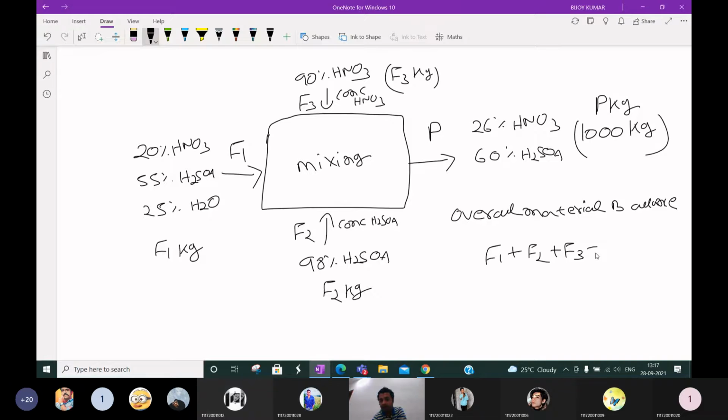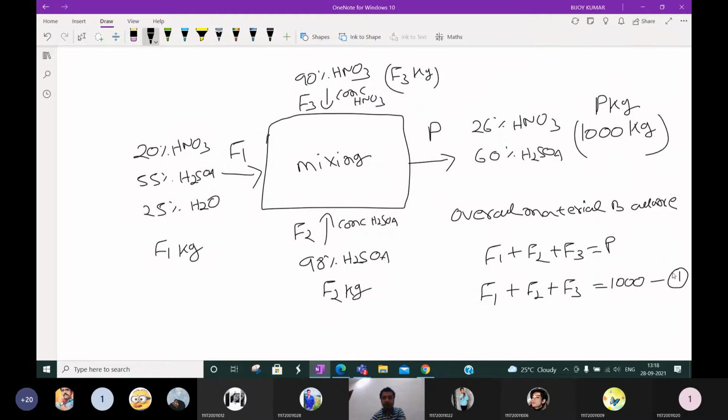How much total input is coming and how much total output is going, that is the overall material balance. Now F1, F2 and F3 are not known. P is given as 1000 kg. This is our first equation, the overall material balance.